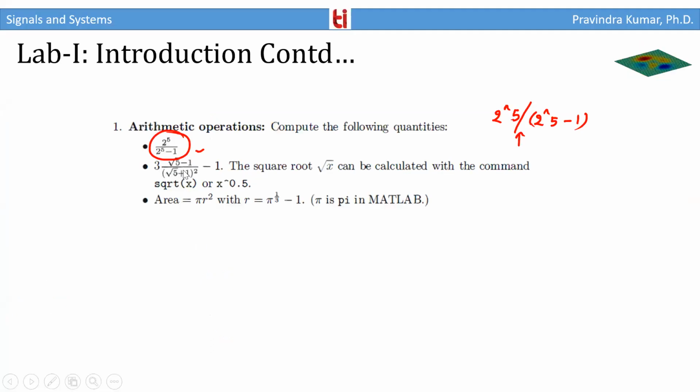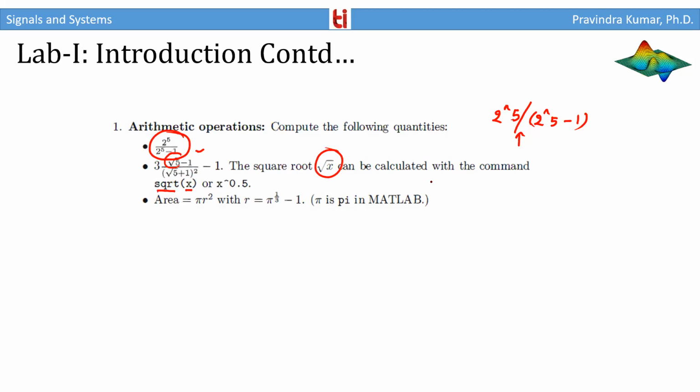Next question is 3 into under root 5 minus 1 divided by under root 5 plus 1, whole square minus 1. Here, for the under root, you can write the command sqrt x. This means under root x.